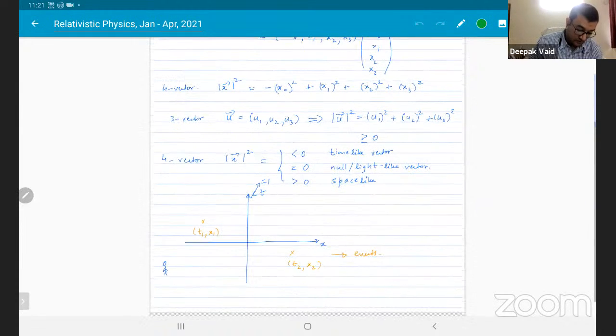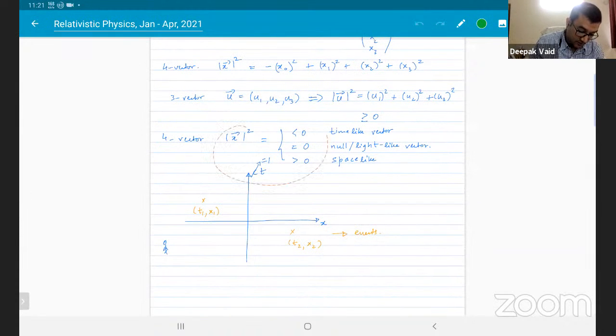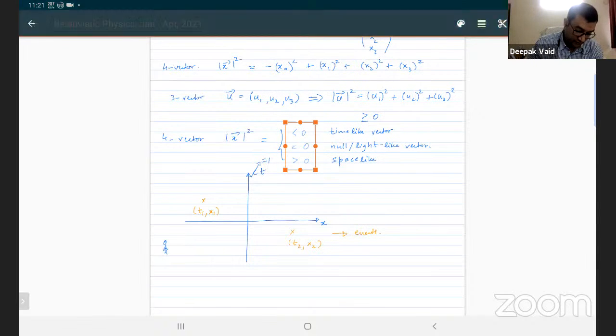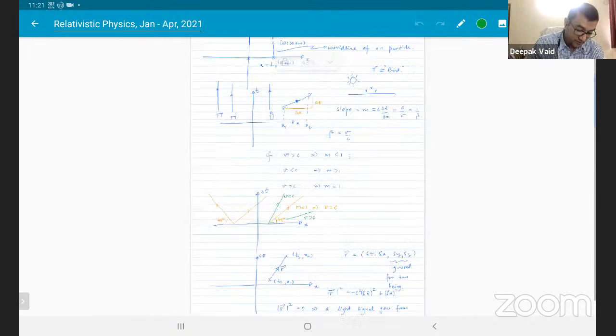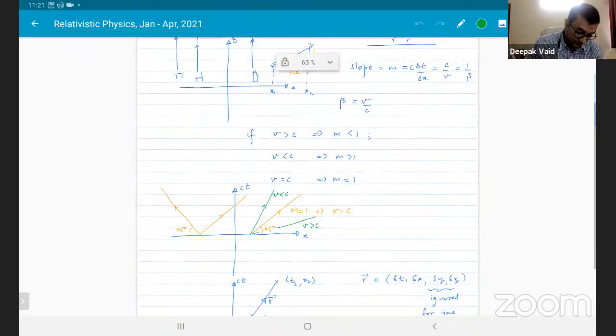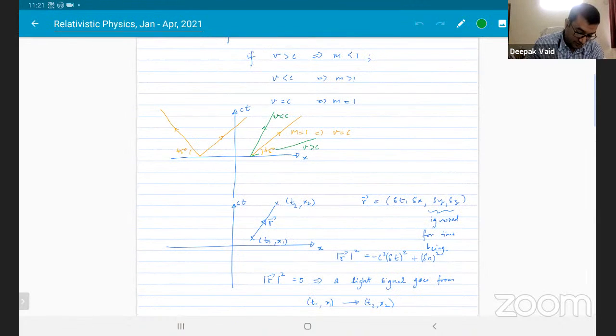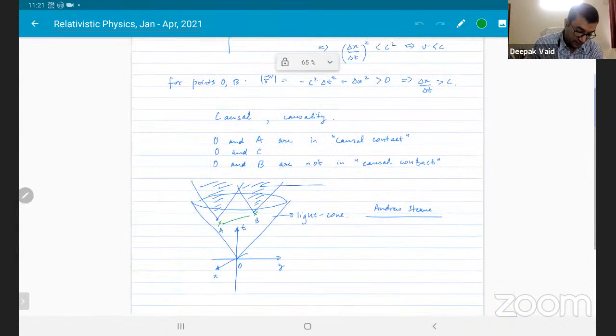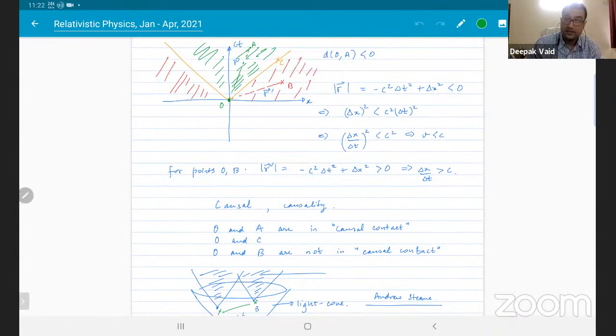And then we talked about the norm of a four-vector and how it is different from the norm of spatial vectors. So it can have null values and it can also be negative. And then I started talking about space-time diagrams and the fact that if you have a null vector, it corresponds to a light ray in space-time.